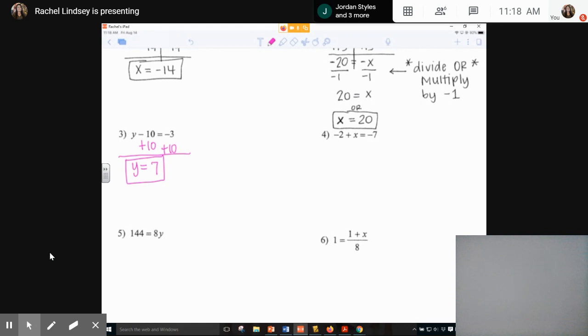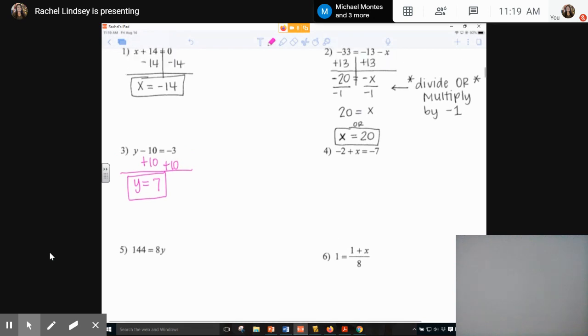Number 4 is a one step. What do I have to do to get that x alone? Add 2 to both sides. And I get x equals what?